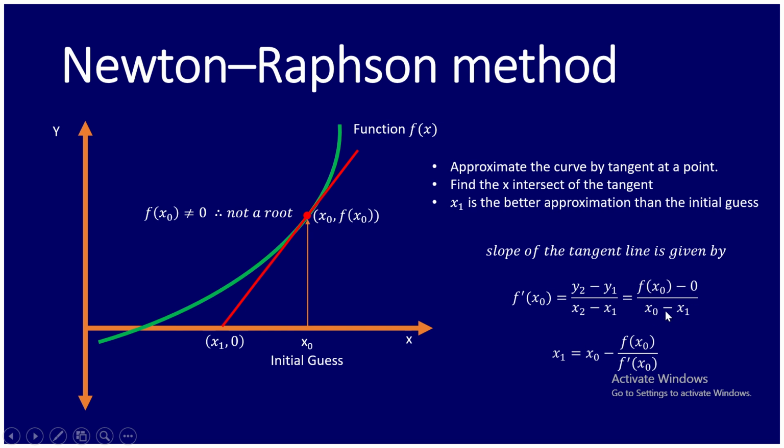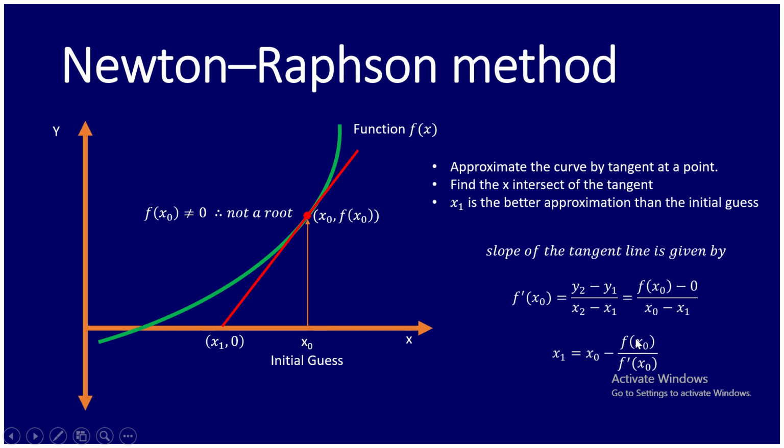Now if we rearrange this mathematical expression, this denominator term will go here, and f dash of x0 will become the denominator here. So x0 minus x1 will be equal to f of x0 divided by f dash of x0. From this we will get x1 equal to x0 minus f of x0 divided by f dash of x0.